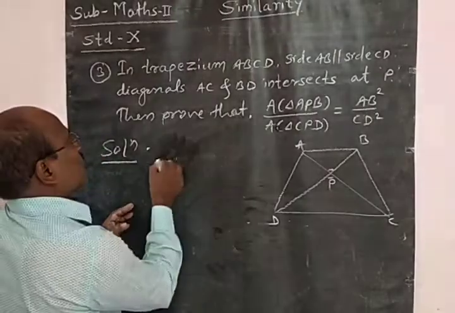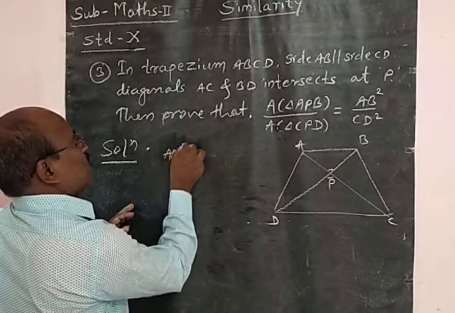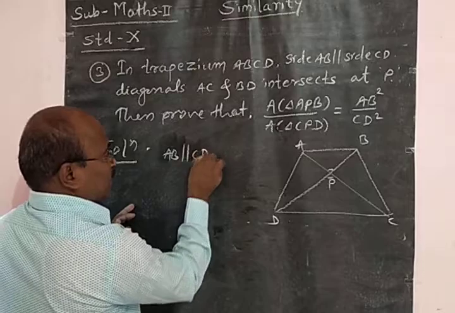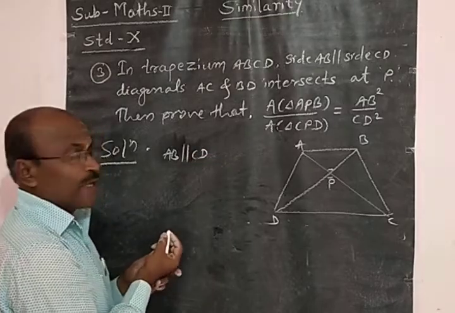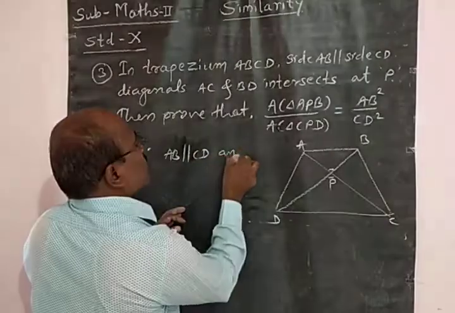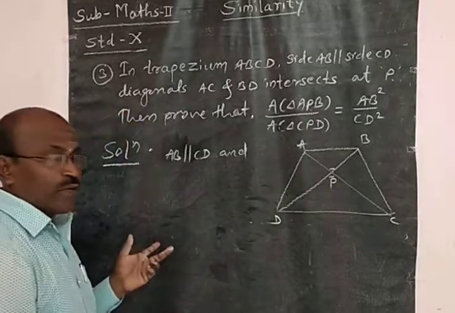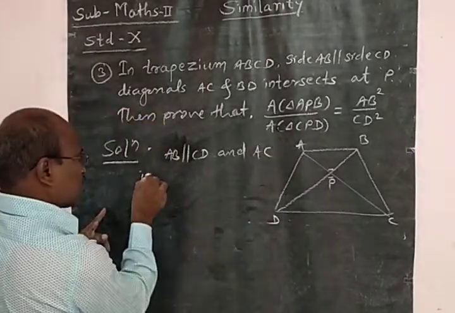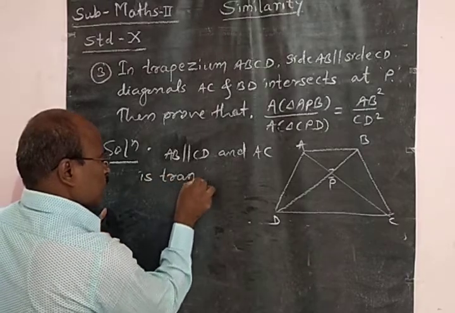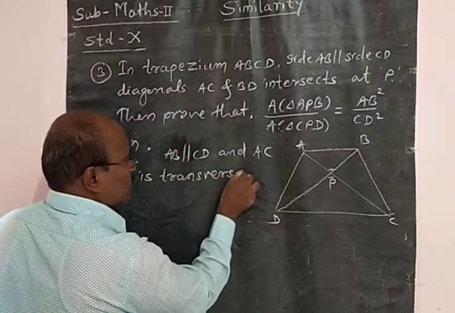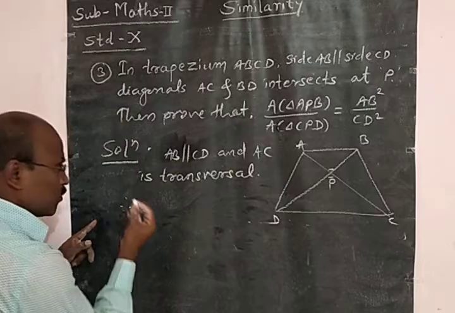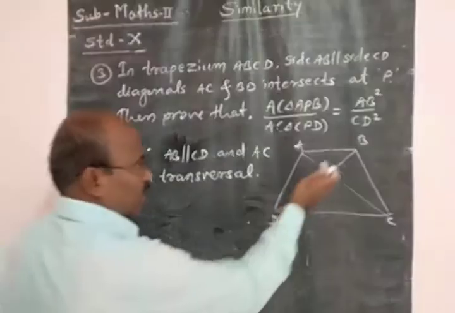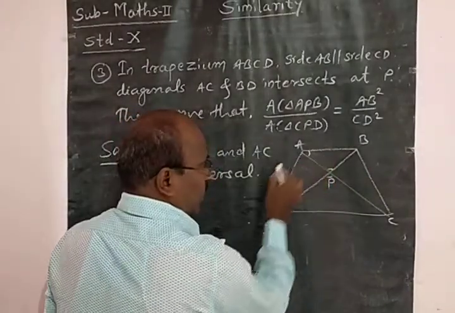So here AB is parallel to CD. Take any one of the transversals, and AC is the transversal. Therefore, take two angles, this angle and this angle.